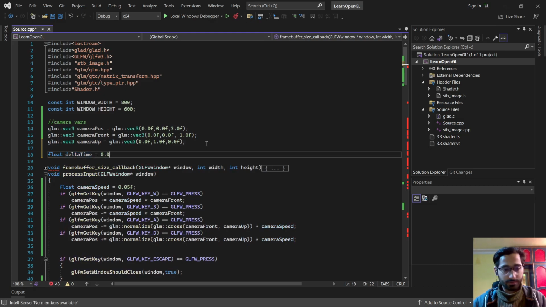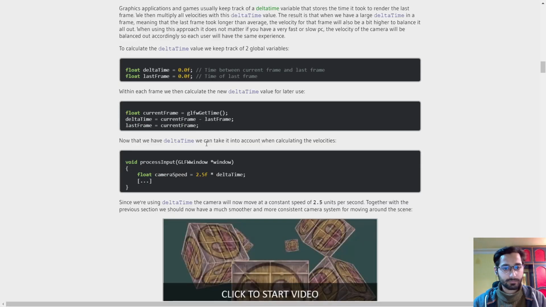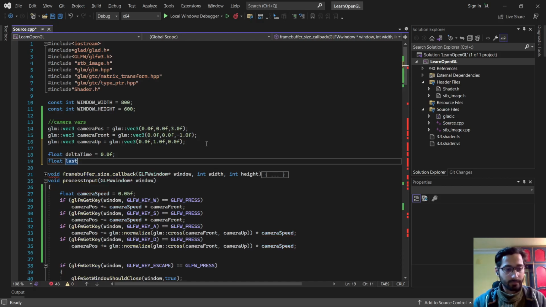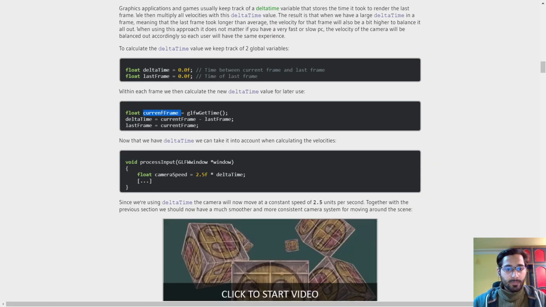Delta time will just be 0, and we also have last frame equal to 0. And then within each frame, we calculate the new delta time value for later use.